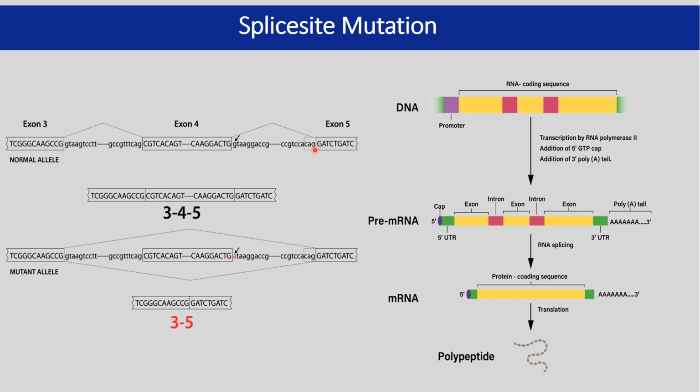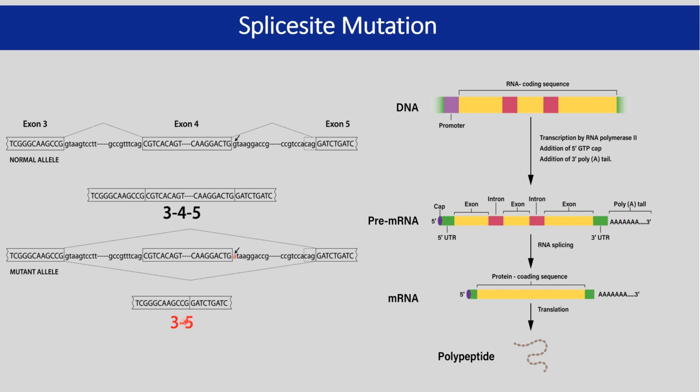The spliceosome machinery cannot detect this donor site. So what will happen? It will detect the previous donor site which is present here. That means in the splicing mechanism, this entire portion of the DNA will be cut out. So when the splicing occurs on this sequence where there is a mutation, now exon 3 will combine with exon 5, forming this structure.